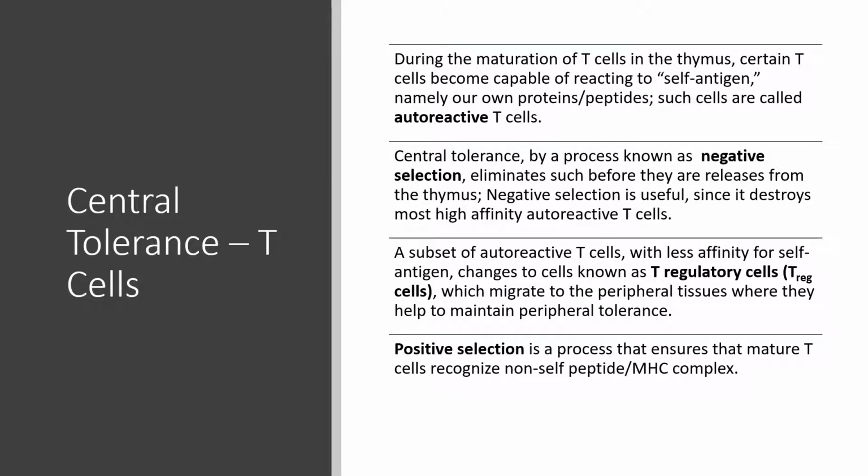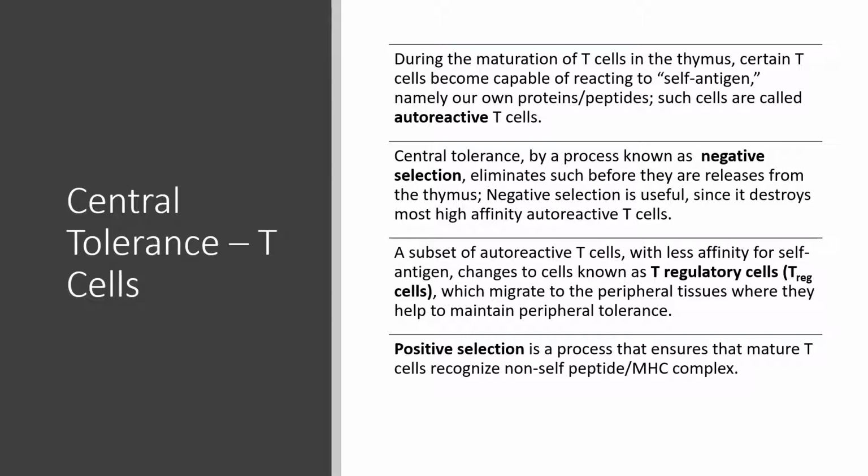And since that process is random, certain antibodies are going to be developed just by chance that are autoreactive. By a process known as central tolerance, or negative selection, we eliminate those that could have a destructive effect or an auto affinity to self.